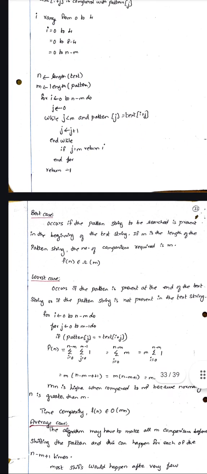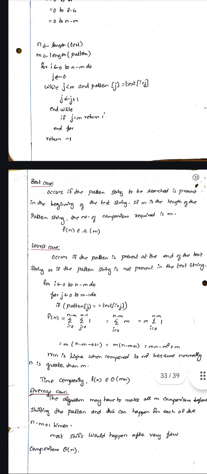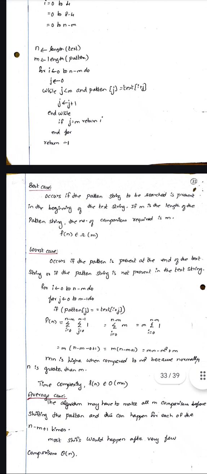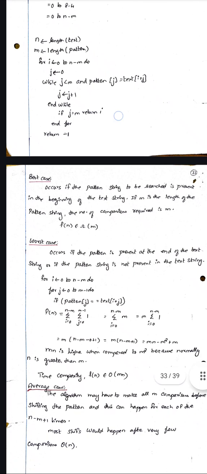For i from 0 to n minus m do: j equals 0, while j is less than m and pattern of j equals text of i plus j, j equals j plus 1. And if j equals m, then return i, otherwise return minus 1.